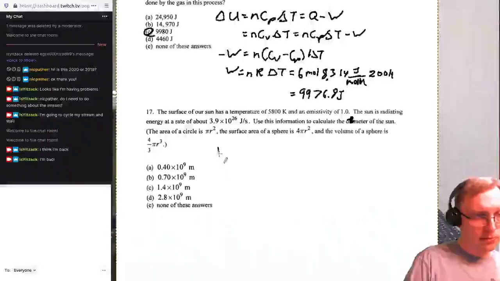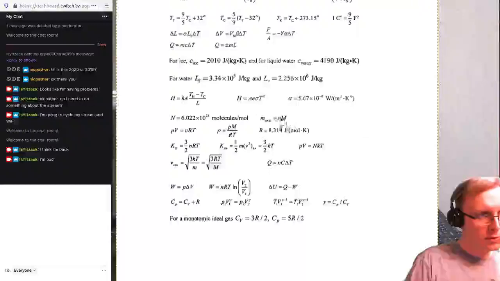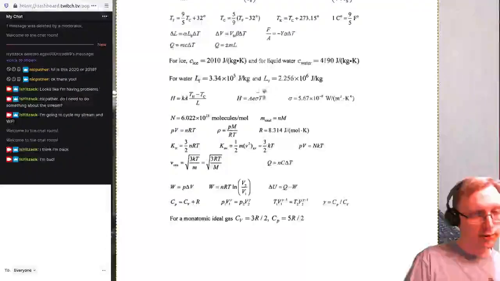So H, we are given, is equal to this one here. This is H for radiating heat away, or absorbing heat by radiation.